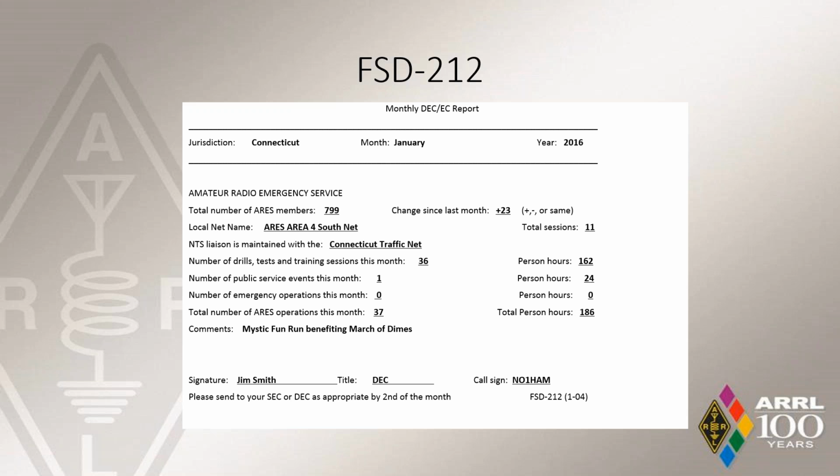And as you can see, it's simple addition. Just add them all up. So for the total number of various operations this month, we're going to have 37, which is a sum of all the events. And total person hours, 186, which is, again, the sum of all the hours, man hours, for that section or that area of your section for that month.